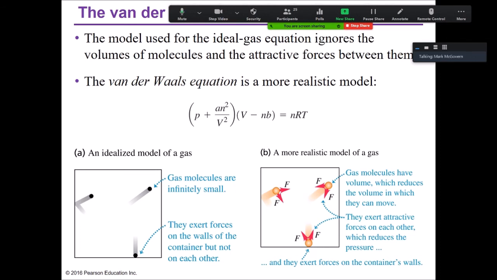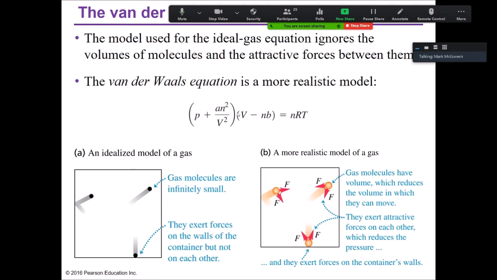So there's a factor there. And then additionally, the pressure can be a little bit bigger than what we would expect because of attractive forces exerted between molecules.